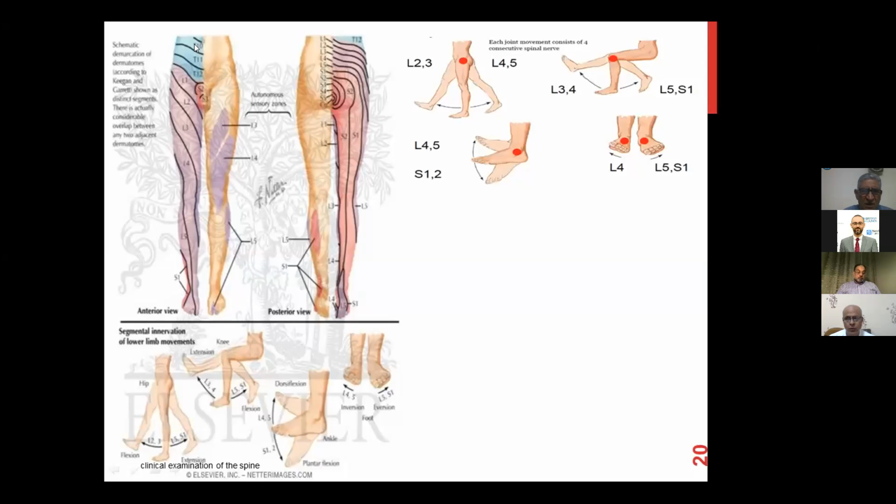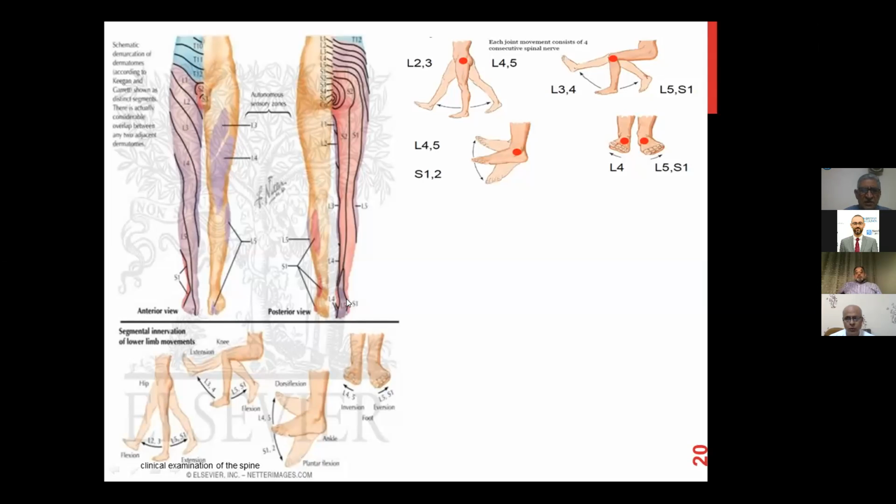We have here the dermatomes of the lower limb: the groin, L1, L2. Then we have the anterior part of the thigh, L3, L4 over the knee joint and the medial aspect of the leg down to the big toe. L5 over the lateral part of the leg and up to the web space between the first and second toes.